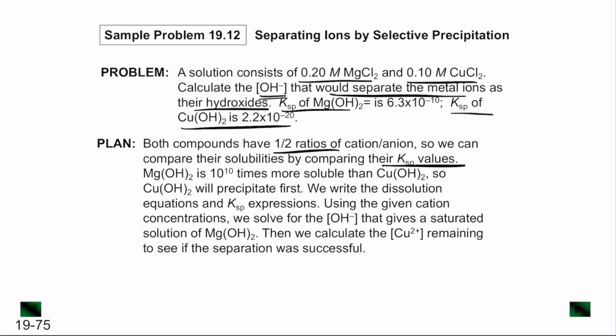Because one is 10 to the power negative 10 and the other is 10 to the power negative 20, there is a 10 to the power 10 times greater solubility of Mg(OH)2 in comparison to Cu(OH)2. Which means the one that is less soluble will precipitate first, and we'll write the dissolution equations.